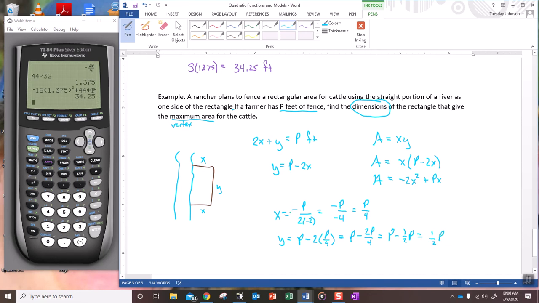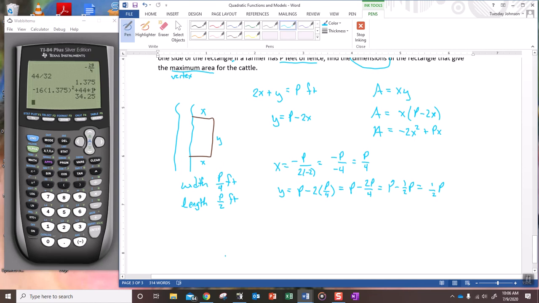So my dimensions are the width should be p over 4 feet. And the length should be p over 2 feet. If I wanted to know the actual area, I can multiply these together to get p squared over 8 for the maximum area. All right, quadratic functions and models, that is the end of this lecture.